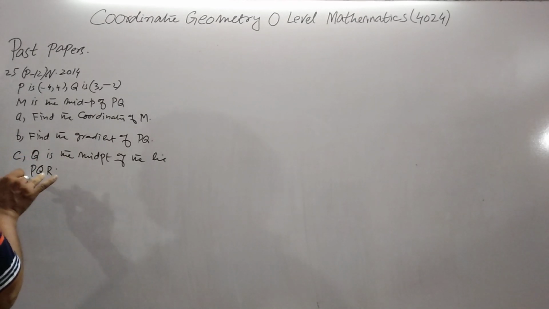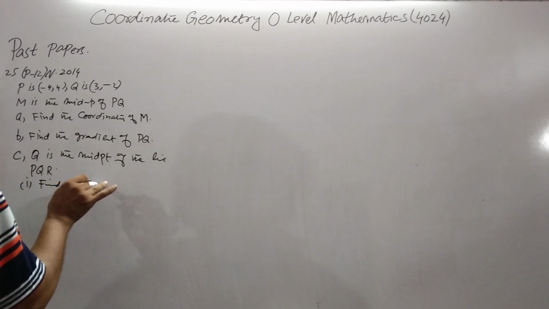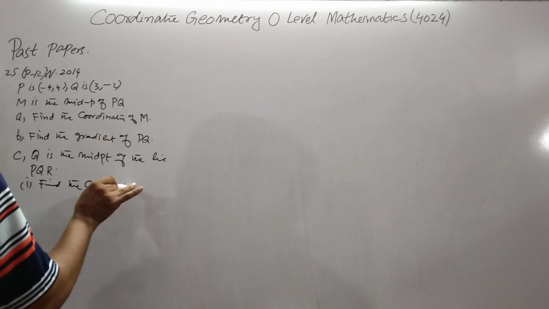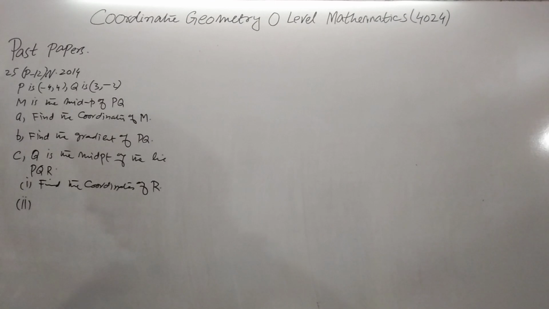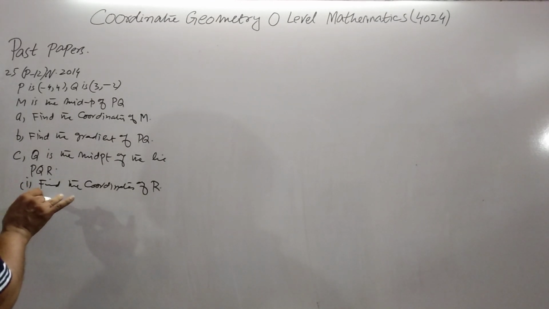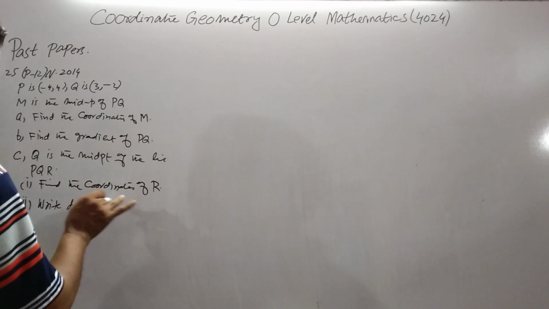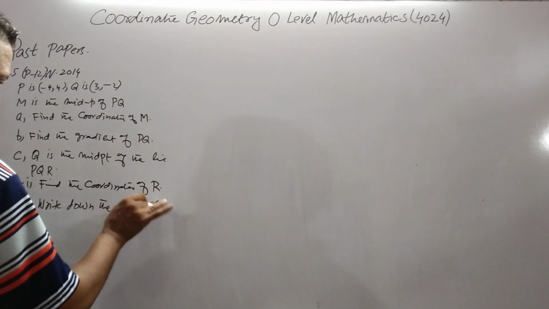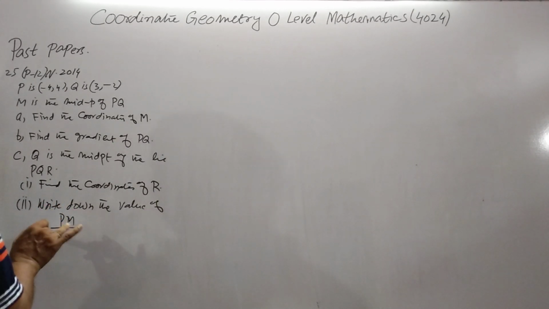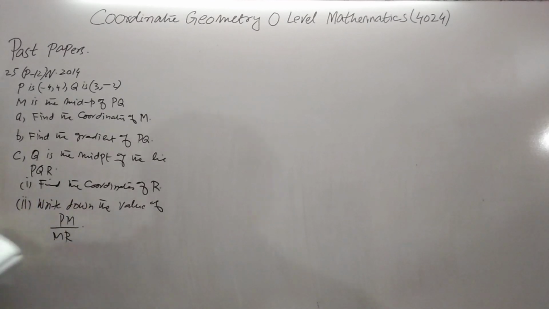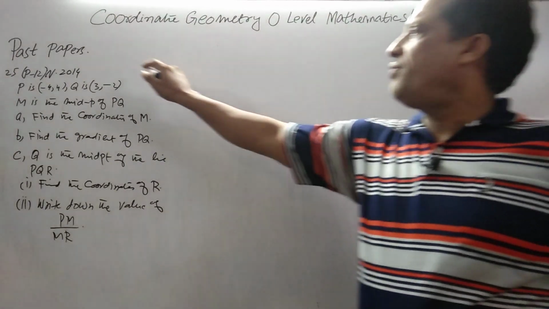Part 1, find the coordinates of R. Write down the value of PM upon MR. This is the question. Very easy question.